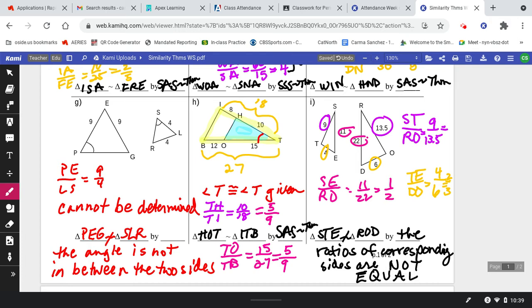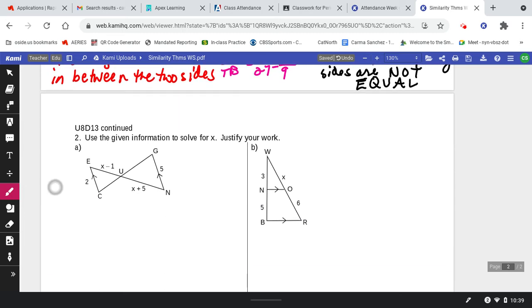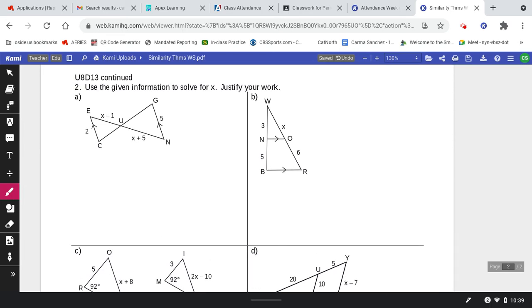Okay? All right, how'd you do? Now, on the next page, we're not only going to be proving similarity, but we are going to then solve for x using a proportion.